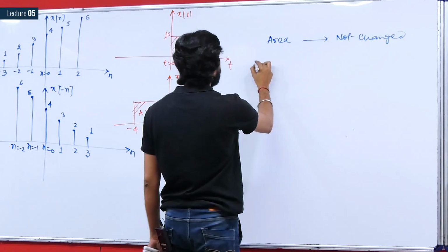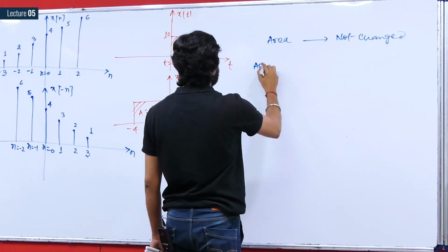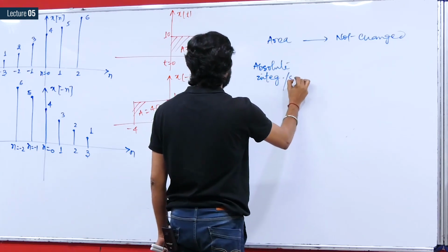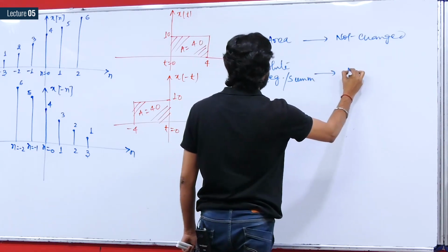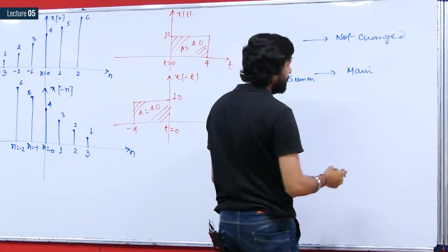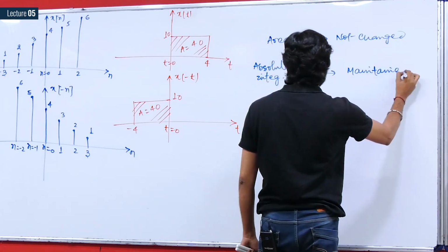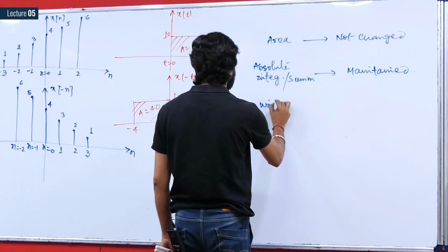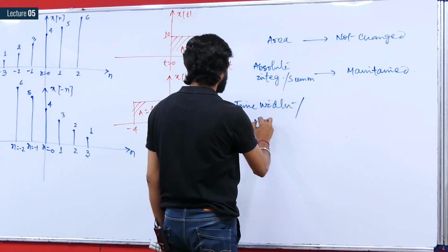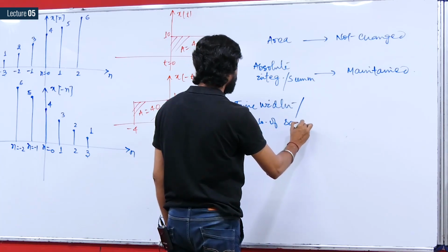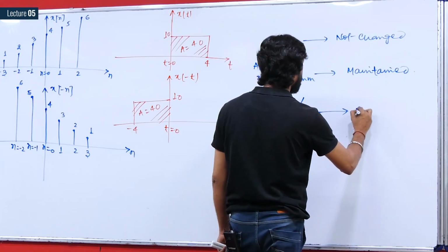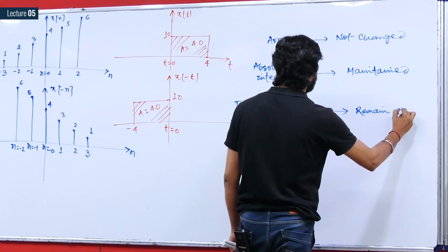Again, if you write absolute integrability or summability, then these properties will be maintained; whatever the signal had earlier, it will maintain. Again the time width, in the case of a continuous time signal, or the total number of samples in the case of a discrete time signal, is also not going to change. It remains the same.